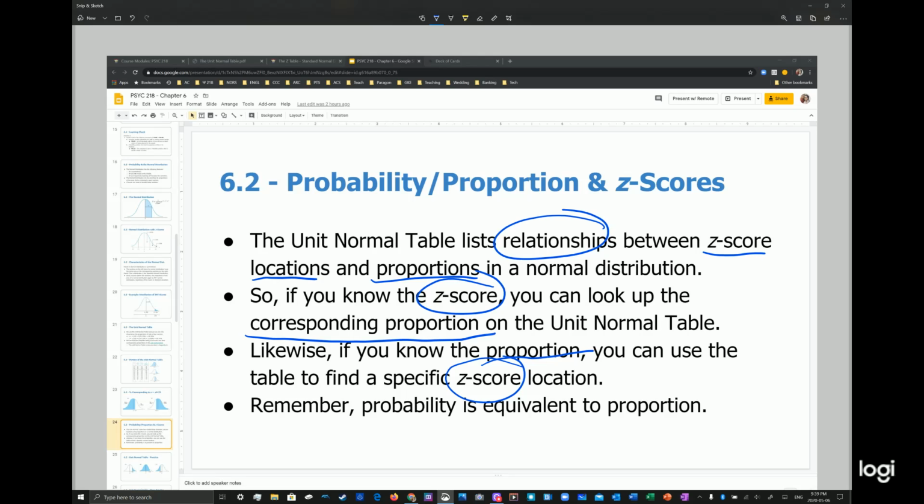But once you know the Z score, you should be able to find the proportion once they tell you if it's above or below or whatever. And you can find the Z score. So again, remember that probability is the same as proportion because the entire population is a probability of 100%, because that's everybody, all possible outcomes.